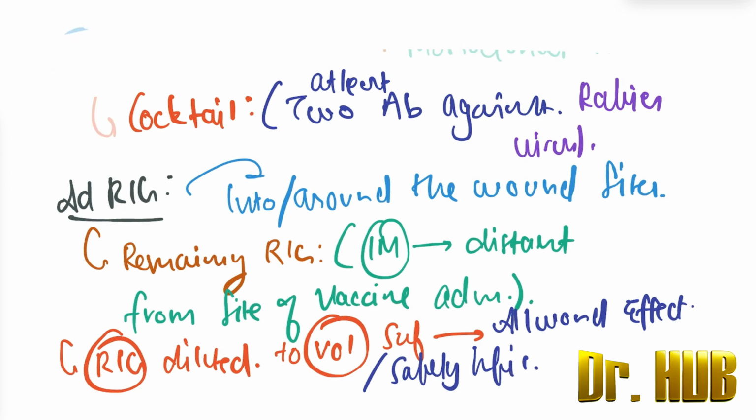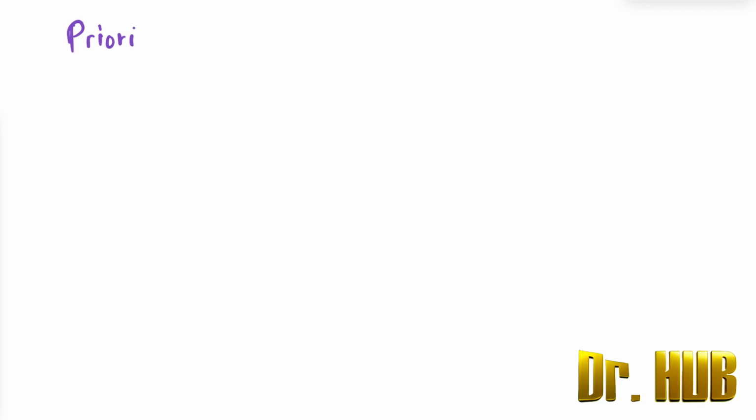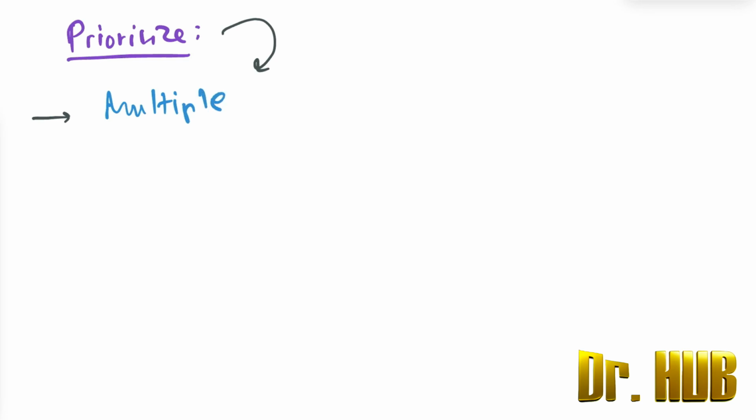So how do you prioritize the RIG allocations? This is numbered according to priority. Firstly, in case of multiple bites. Then, in the presence of deep wounds.